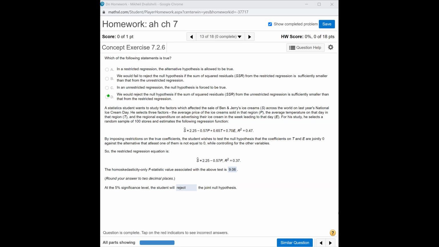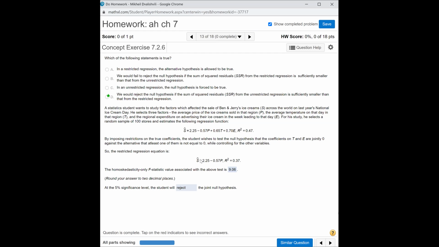Let me share Excel. We will be using the F stat formula that is based on R squared. So, Andrew, see here the estimated unrestricted model is the first one, that has R squared equal to 0.47, right?